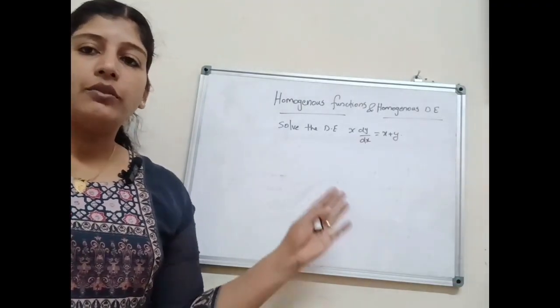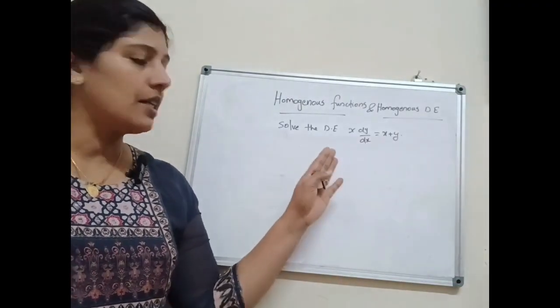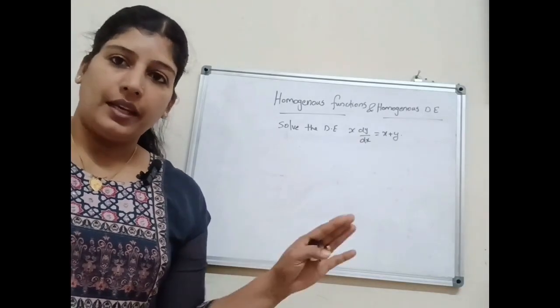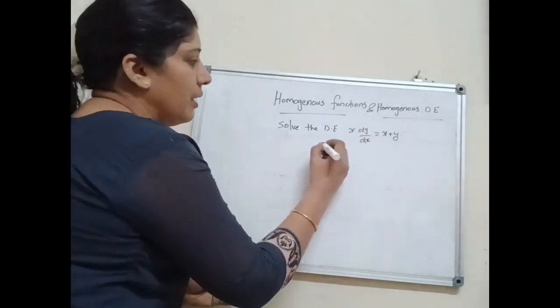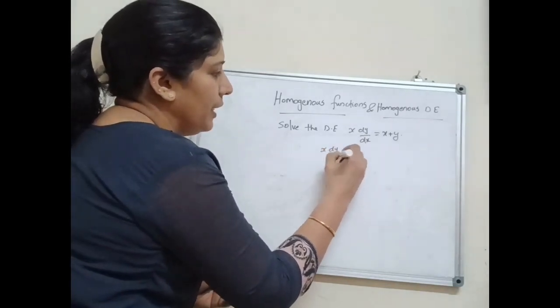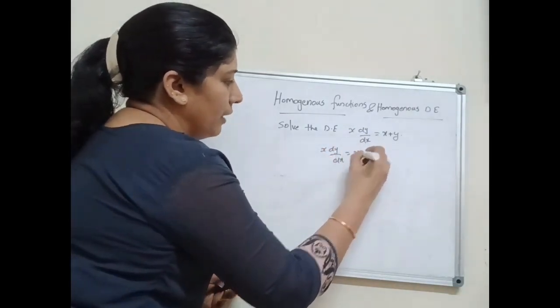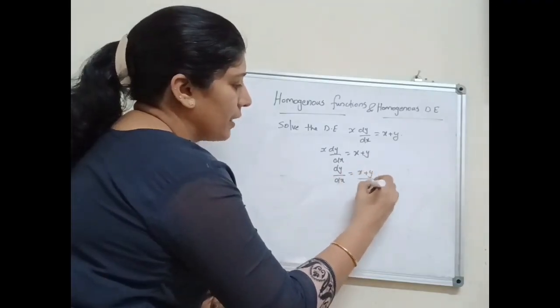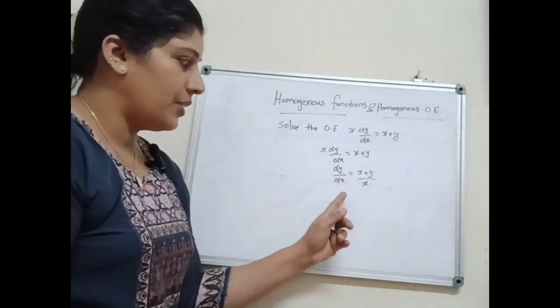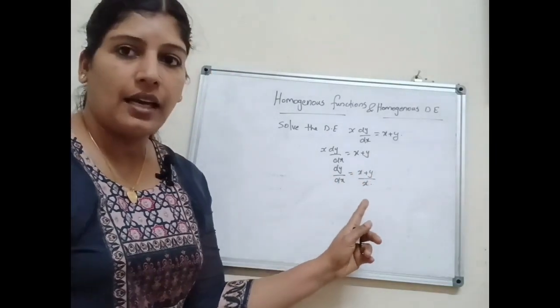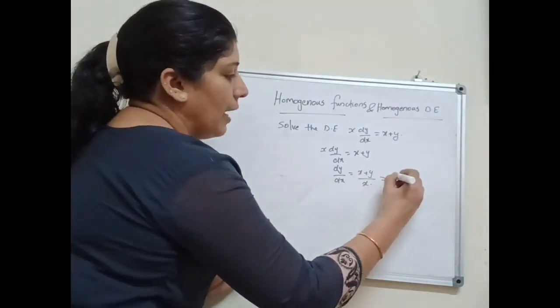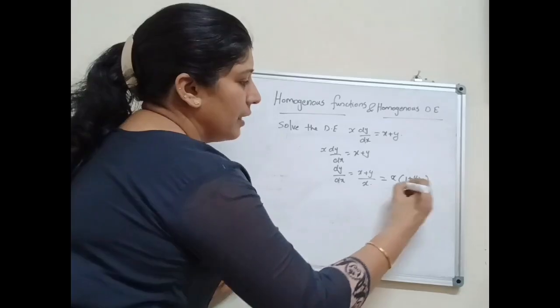First, we have to arrange the LHS as dy by dx and the RHS as a function of y by x. In this question, x into dy by dx equal to x plus y. Therefore, dy by dx equal to x plus y divided by x. Next, we have to change the RHS into a function of y by x. It can be written as x into 1 plus y by x, divided by x.